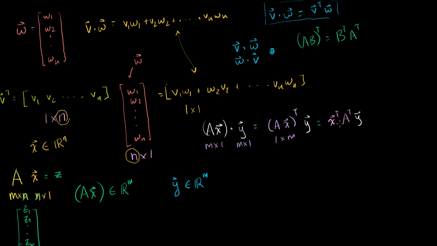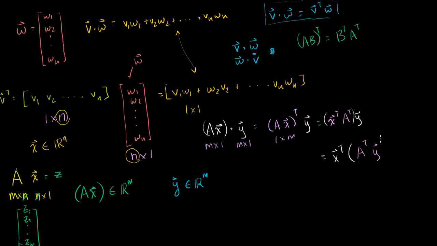Well, we know that matrix products are associative. Right now we have parentheses around this part, but we could take another association. We could say that this is equal to x transpose times these two matrices, A transpose times y. This vector you can represent as an m by 1 matrix.